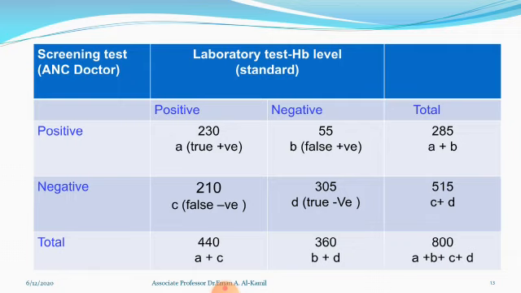So as an antenatal care doctor, he was able to correctly diagnose anemia among only 230 out of the 440, while he labeled 55 women who have no anemia according to the standard test as anemic.